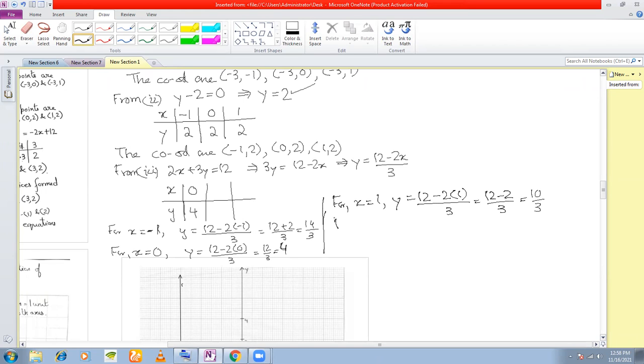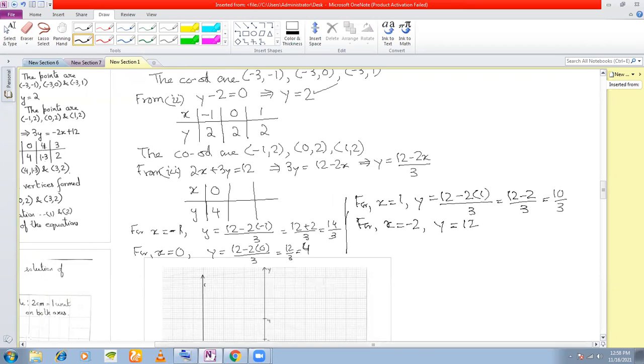We'll try to take another value. Let's say x is equal to minus 2 this time. So y is equal to (12 minus 2 into minus 2) divided by 3, which is 12 plus 4 divided by 3. Again 16 by 3, a fractional value. Try to avoid. Let's take x is equal to 2 now.